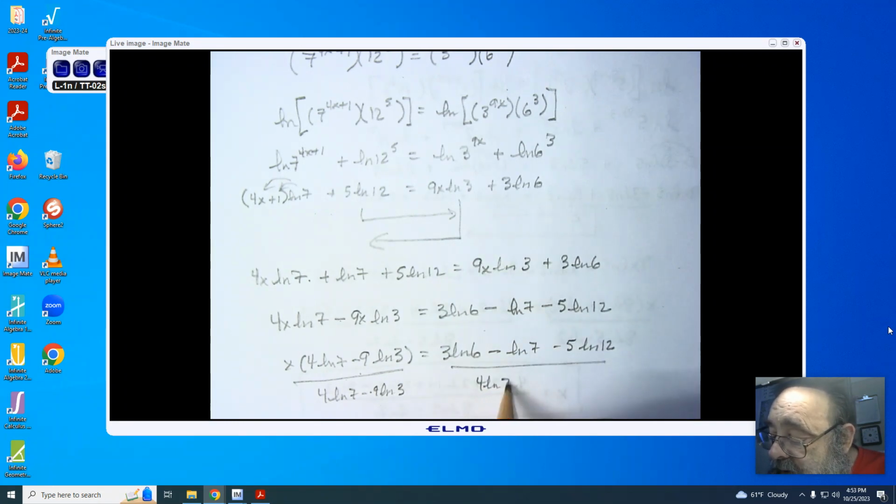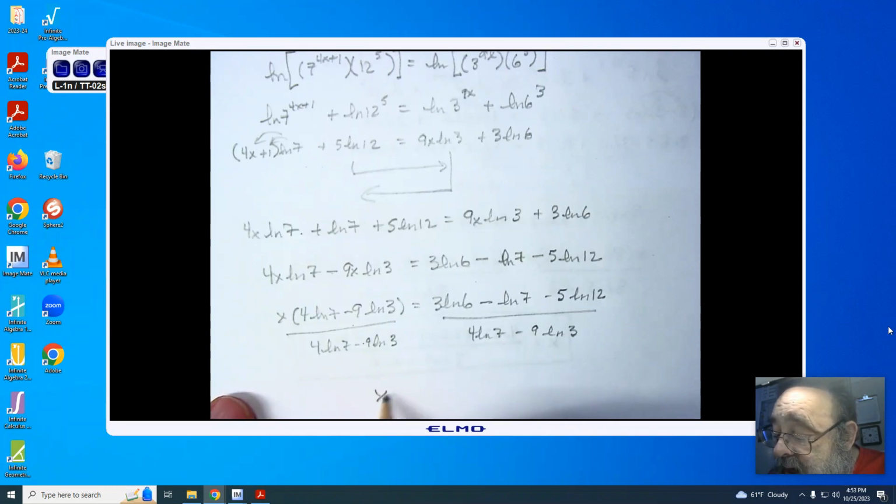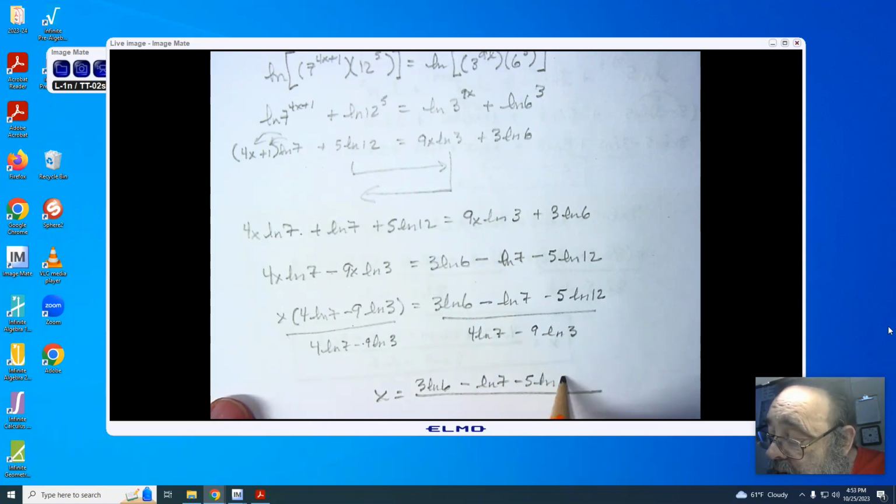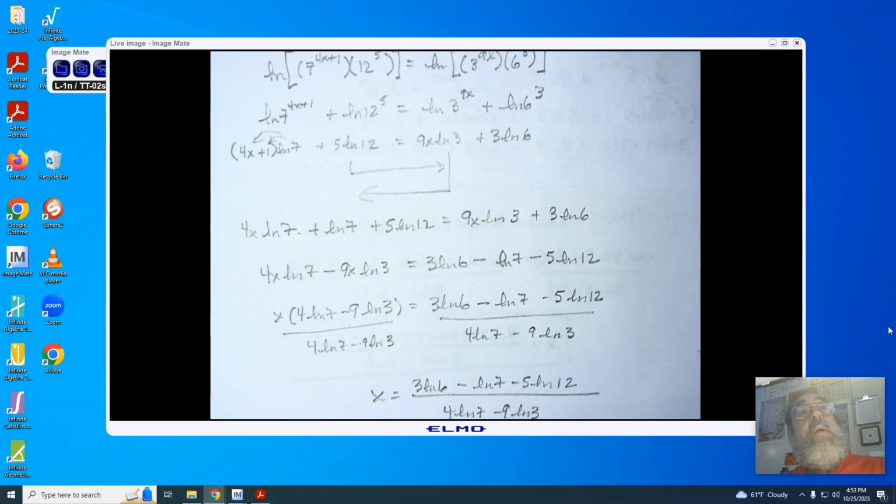X then has to equal 3 ln of 6 minus ln of 7 minus 5 ln of 12 over 4 ln of 7 minus 9 ln of 3. That's our answer. That's what we're looking for.